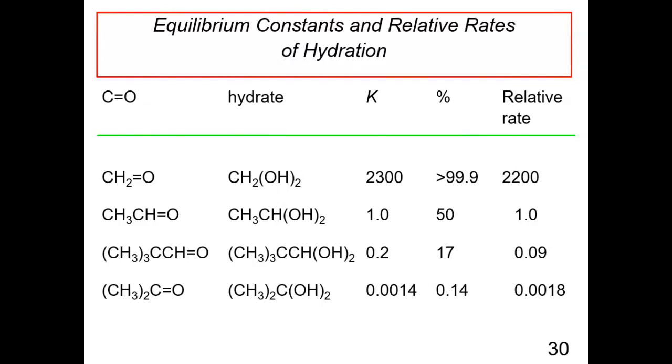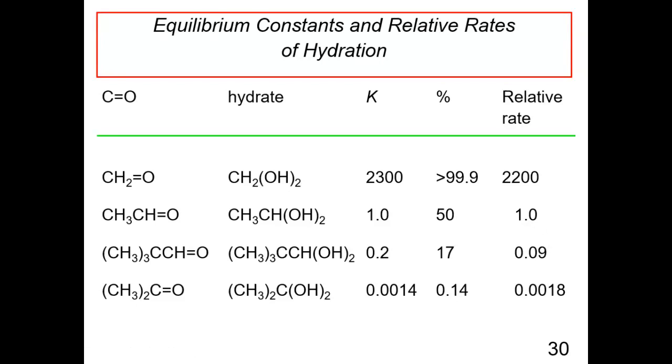What you can see here are the structures of carbonyl compounds. Here is the structure of the hydrate, the third column is the equilibrium constant, the fourth column is the percent of the hydrate at equilibrium, and the last column is the kinetic aspect, the relative rate of hydration.